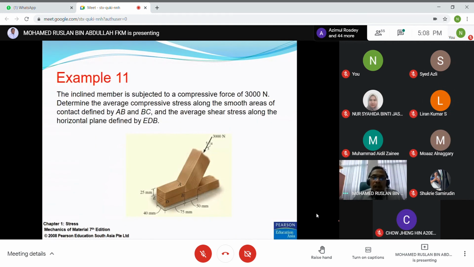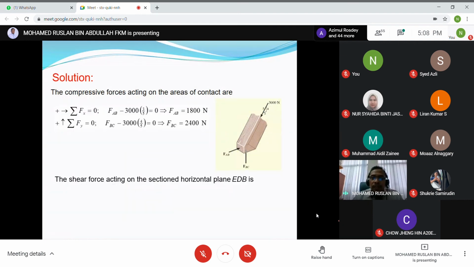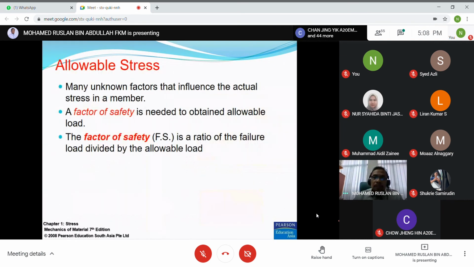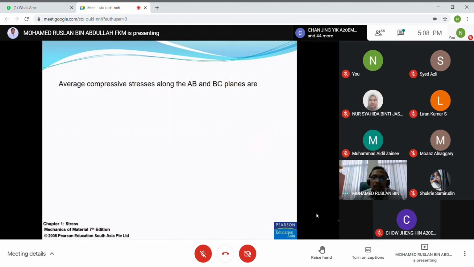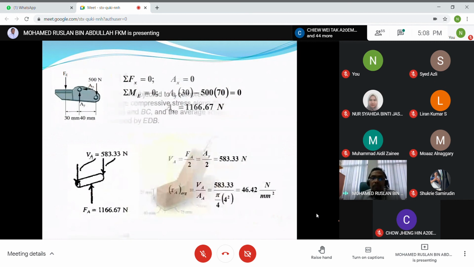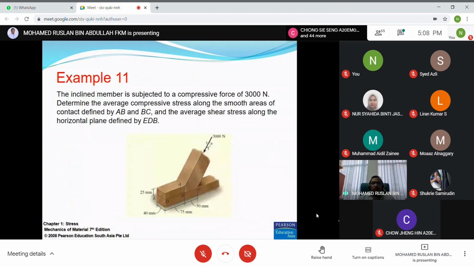So I think this is the example. Again, this example, I think, is the same as before. The inclined member is subject to a compressive force of 3,000 Newton.